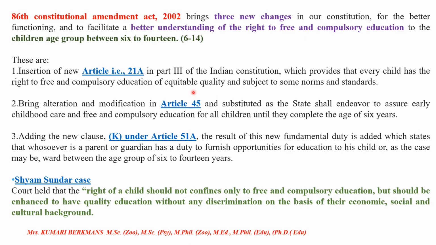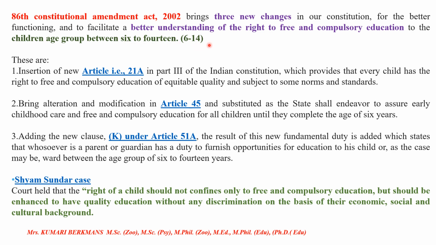Okay. Coming to the 86th Constitutional Amendment Act 2002, it brings 3 new changes. Amendment in the sense, changes in an article is called an amendment. So what amendment did they bring? There are 3 new changes in our Constitution for the better functioning and to facilitate a better understanding of the right to free and compulsory education to children of the age group between 6 to 14.